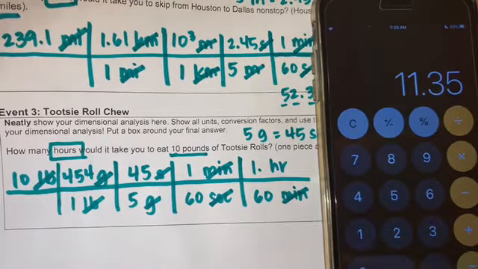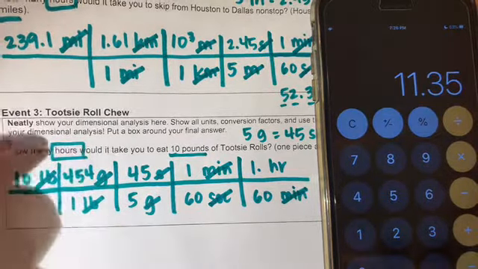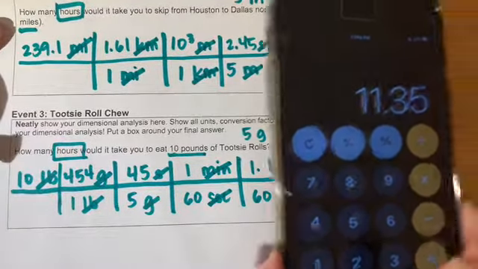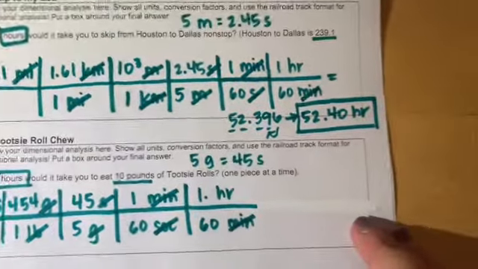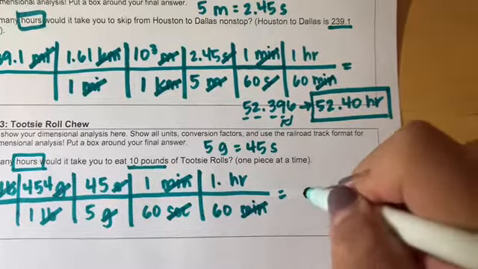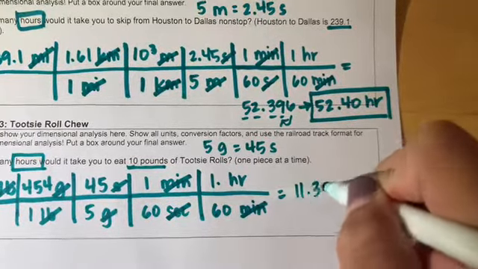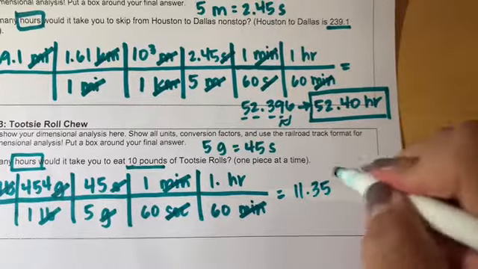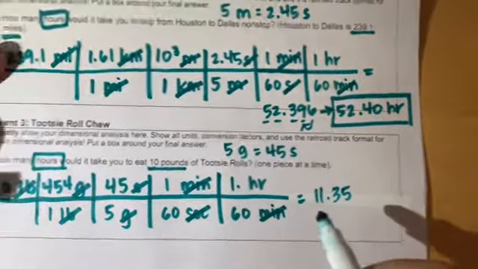Okay, so it's going to take me 11.35 hours to eat 10 pounds of Tootsie Rolls or Starburst. Okay, so 11.35 is our answer from the calculator.